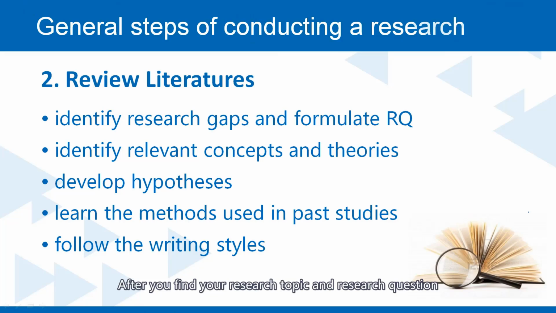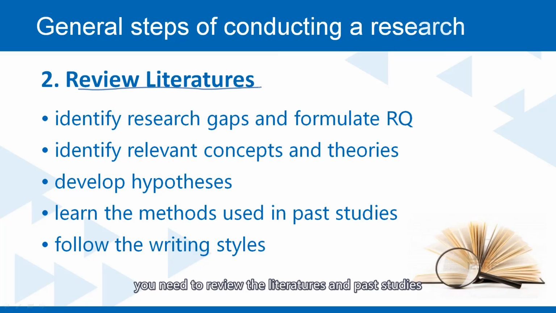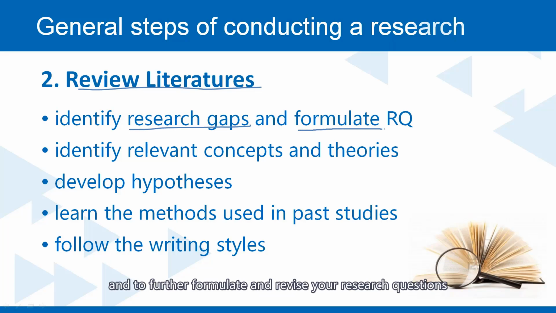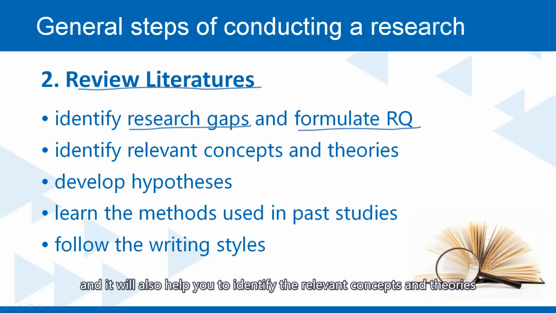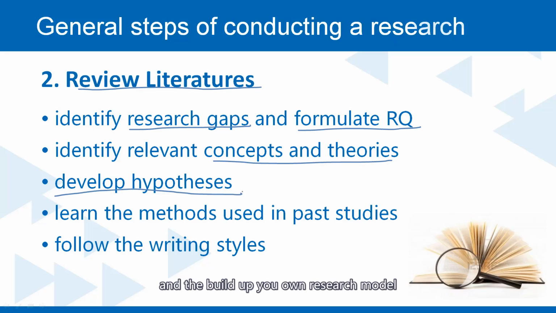After you found the research topic and the research question, you need to review the literatures and past studies, because this will help you to identify the research gaps and to further formulate and revise your research questions. And it will also help you to identify the relevant concepts and theories in order to develop your own hypotheses and build up your own research model.